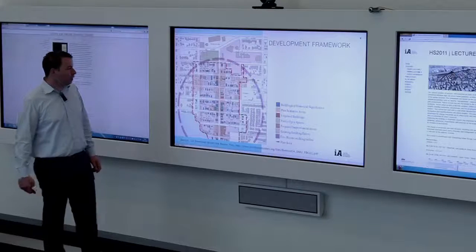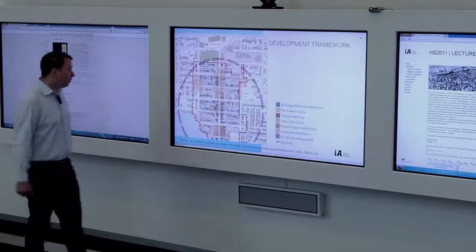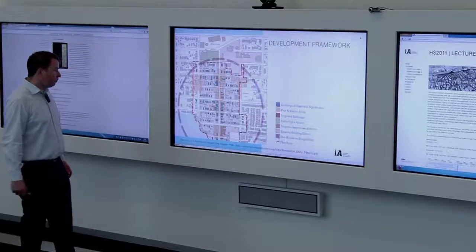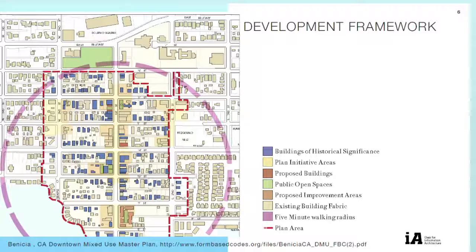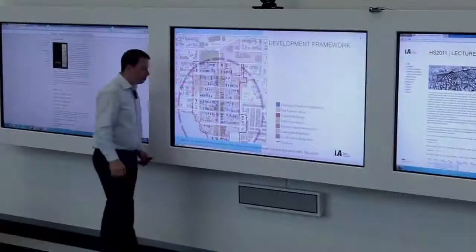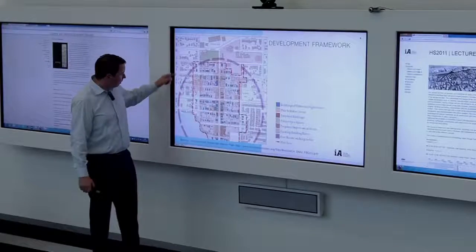And then we have the development frameworks, which are used to classify and analyze the existing stakes inside a city. Then what would be, for instance, a crucial key parameter, for instance here, the pink circle.